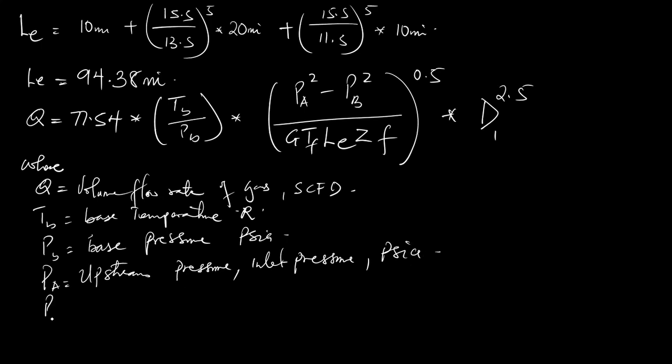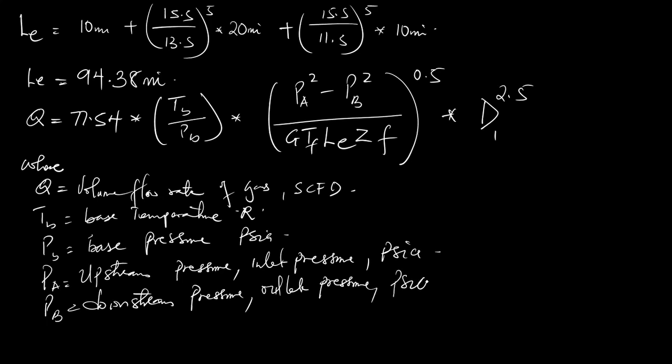Now you have the pressure B, which is the downstream pressure, the outlet pressure, which is in PSIA, or you call it delivery pressure.